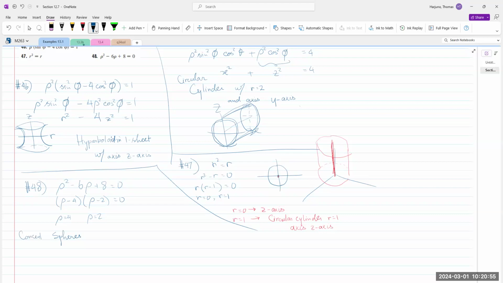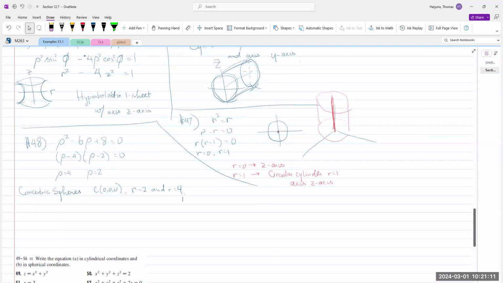Concentric, because they have the same center. Concentric spheres centered at origin with radii 2 and 4. So it looks like this and this. But you rotate that around the z-axis or the x-axis, and it basically becomes two spheres. Okay, next.